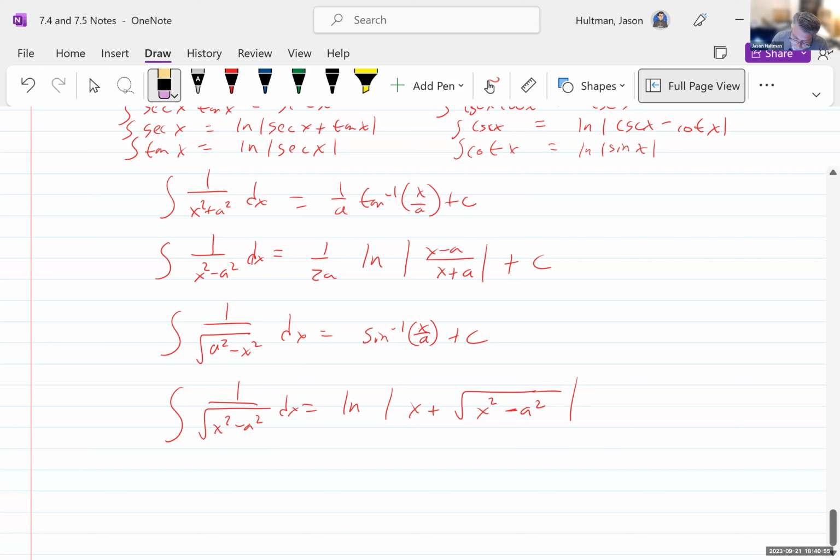Okay, and if I have a plus here, this just becomes plus. What I can really do is I can do plus or minus, and then plus or minus. It just means that if it's positive, the answer is positive. If it's negative, the answer is negative. And instead of writing two formulas, we just write it as one.